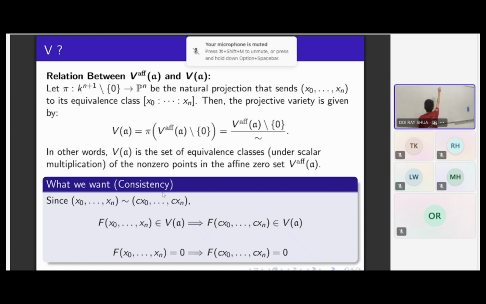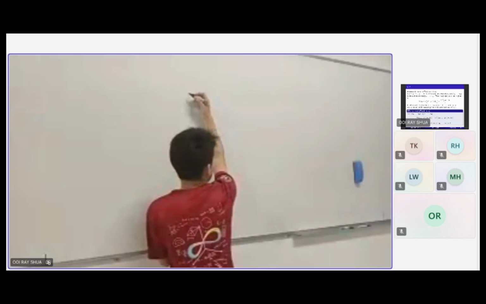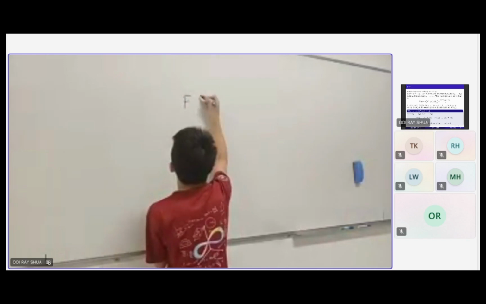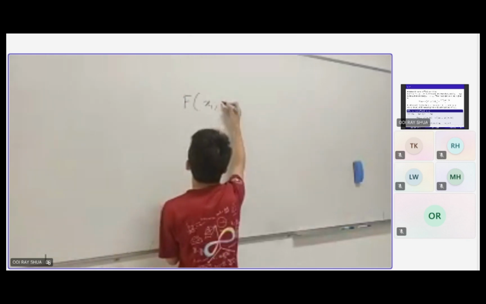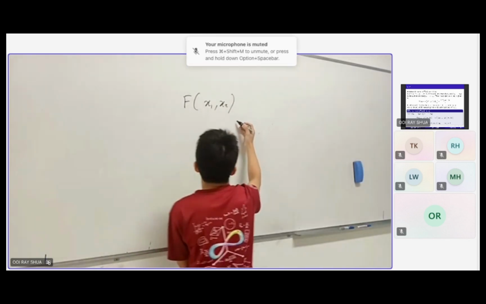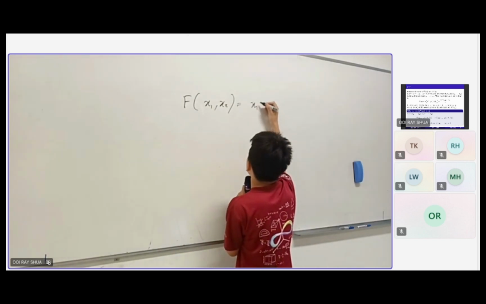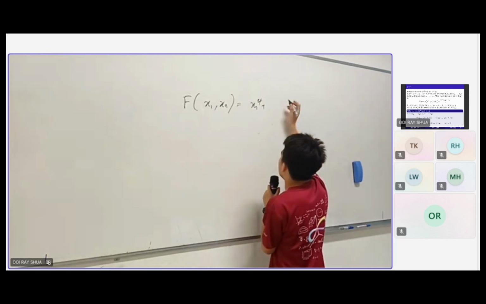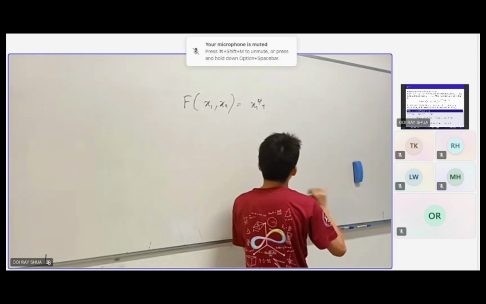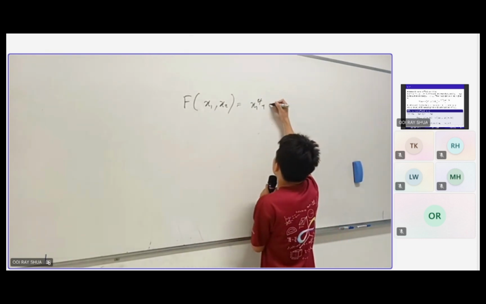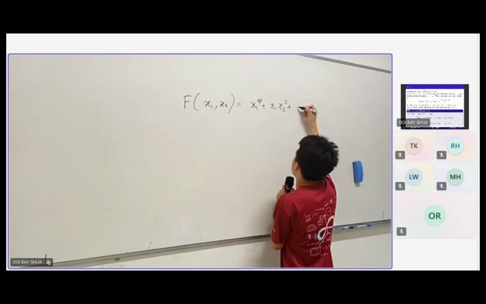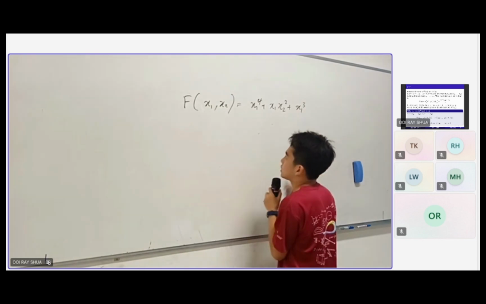Take f in x1 and x2. Maybe we try to make it quartic: x1 to the fourth, and it's not homogeneous yet, so we add x1 x2 squared, just random, and x1 cube, something like that should suffice.